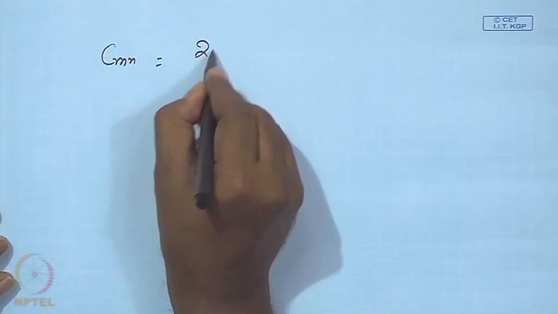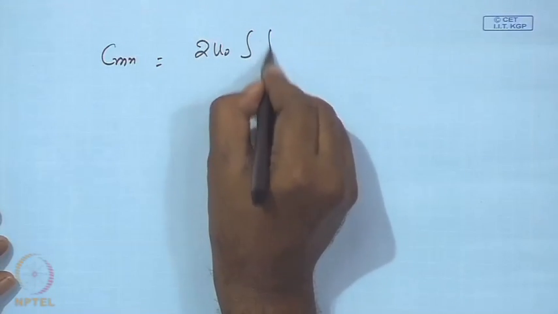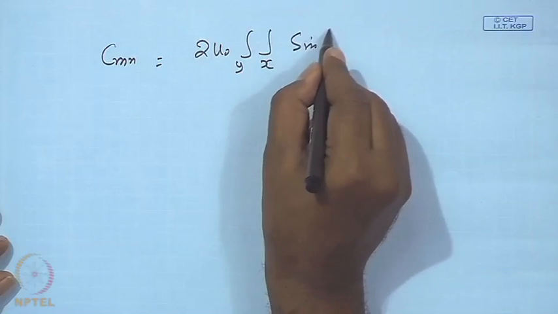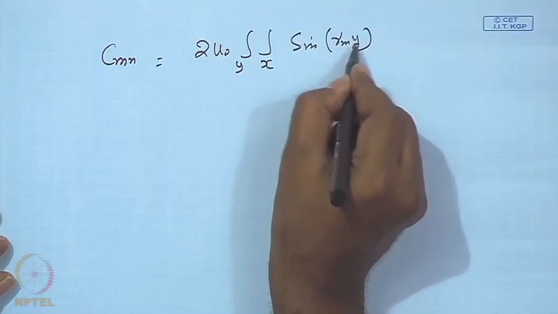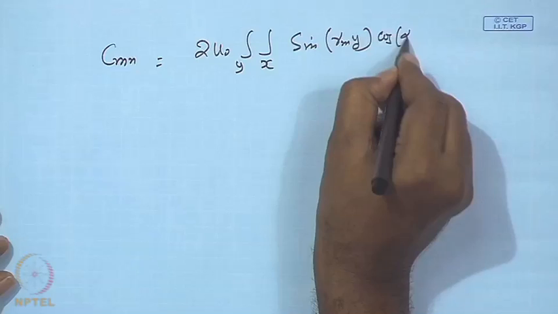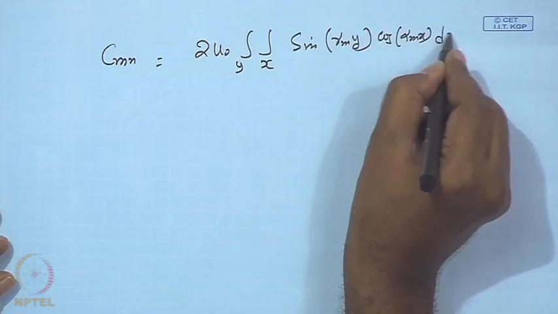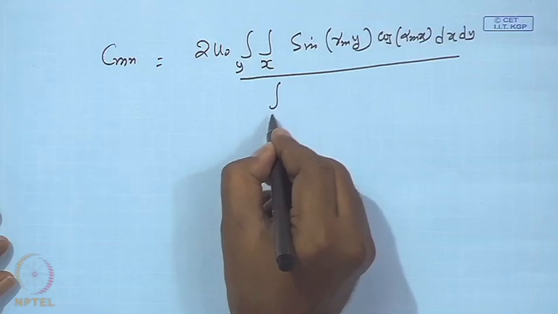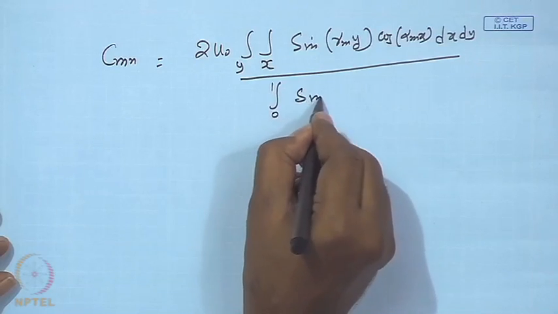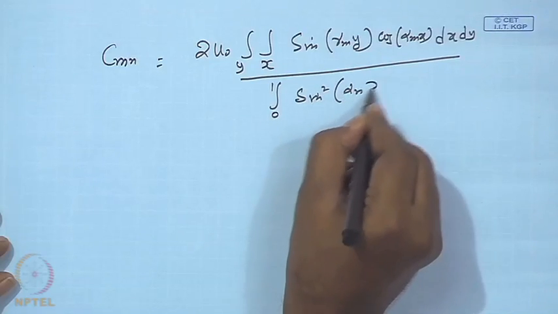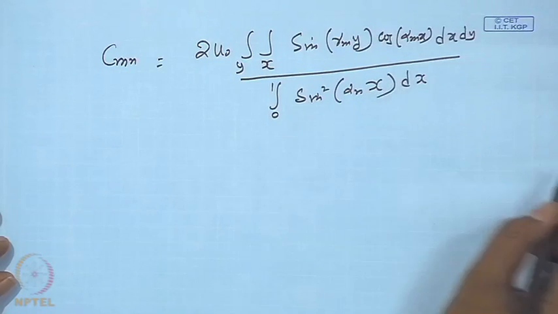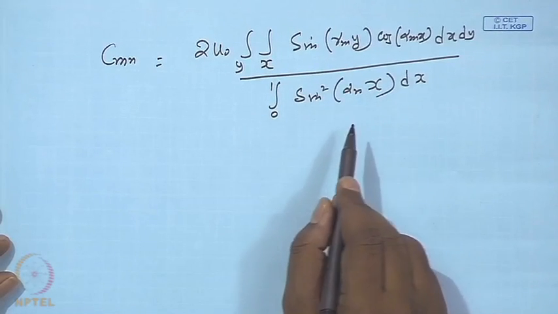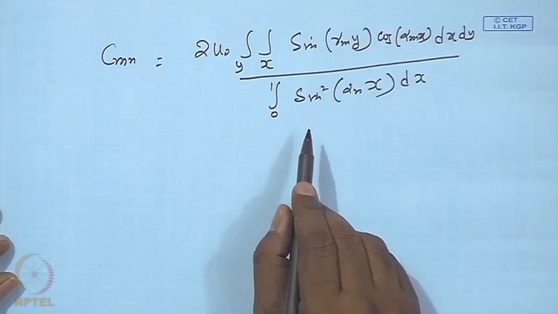C m n will be 2 u naught integral over y integral over x of sin nu m y cosine alpha m x dx dy, divided by the integral from 0 to 1 of sin square alpha n x dx. So, we can evaluate this integral analytically and will be able to solve this problem completely.